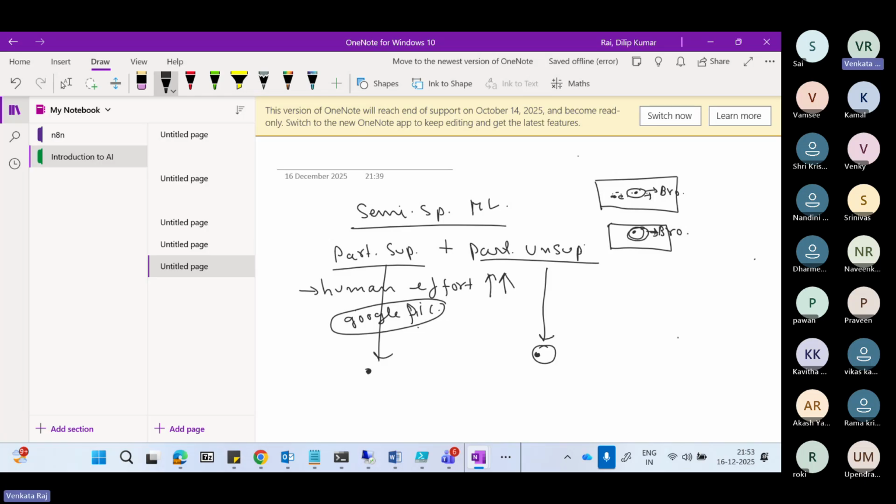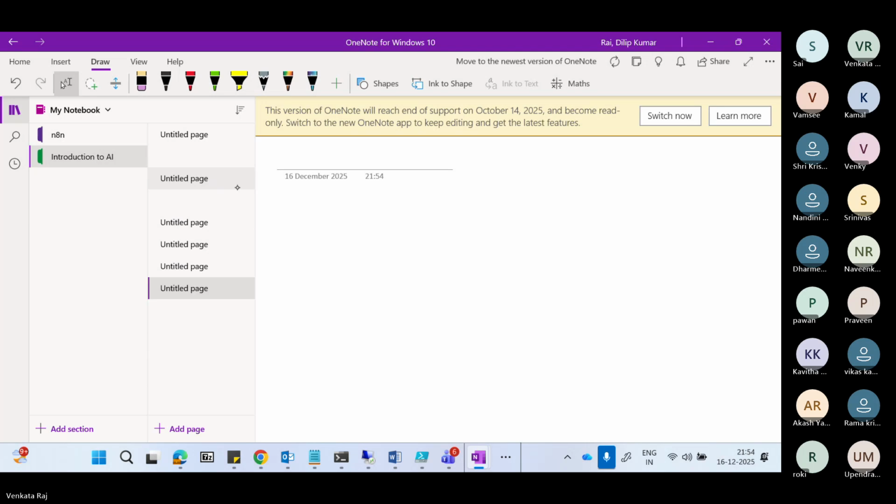Now we'll go for the last one, which is reinforcement learning. In reinforcement learning, we don't provide any data to the machine learning model.